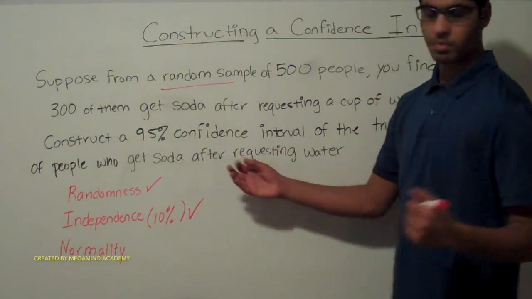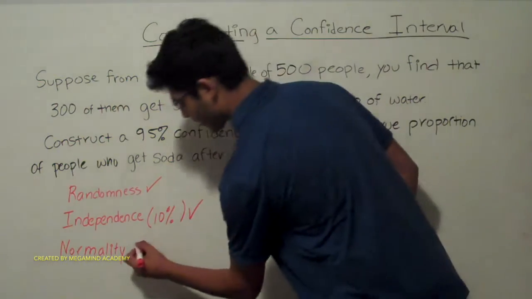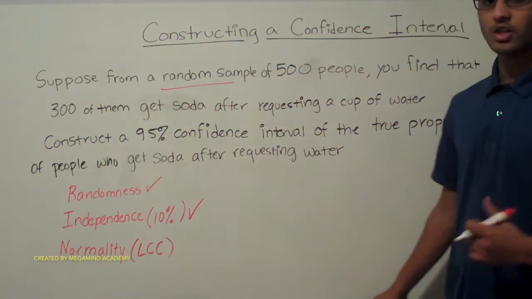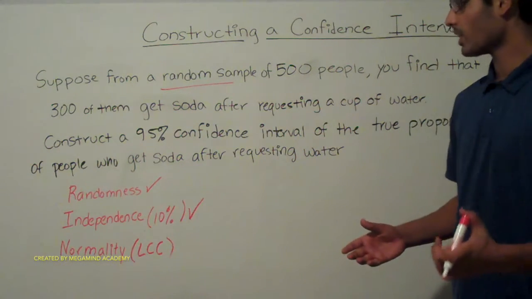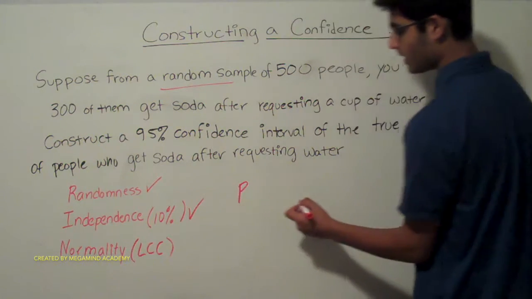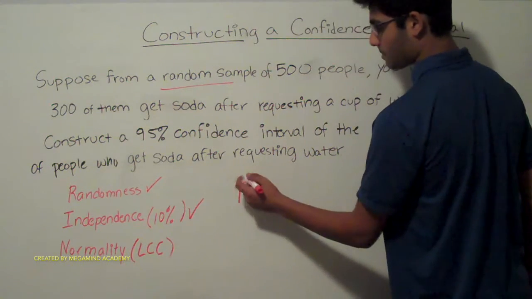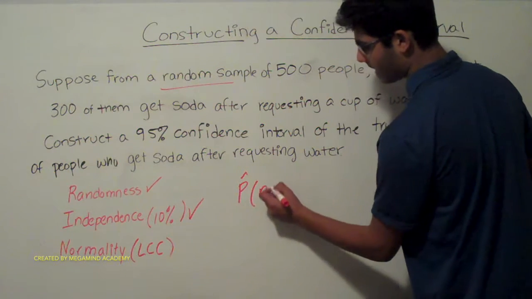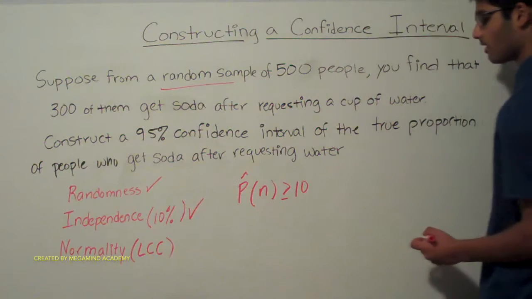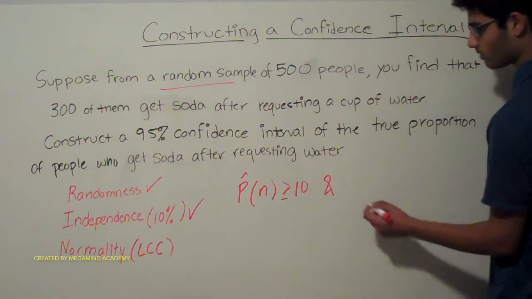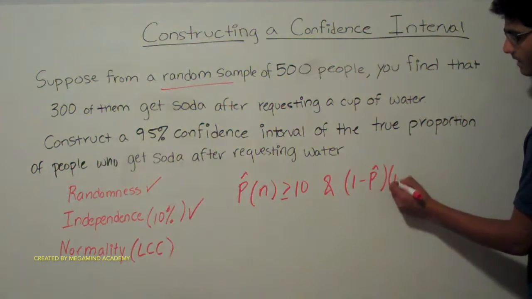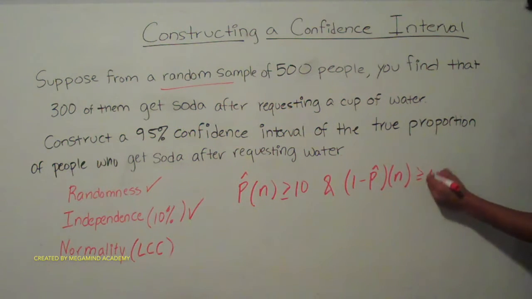Because we're dealing with proportions here, we have to use the large counts condition, or the LCC. What does that state? Well, that states that, and I'm going to erase this soon, p, or in this case p hat, times n must be greater than or equal to 10, and 1 minus p hat times n must be greater than or equal to 10.